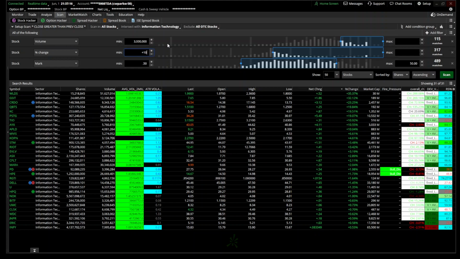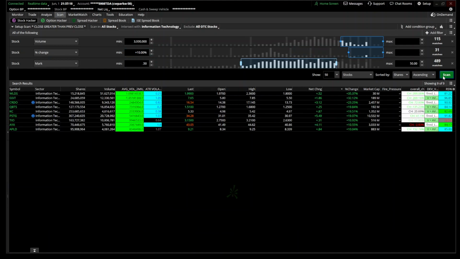We'll change this to 10%, be up 10% on a day, and between 50 cents and $50. This stock right here, I have been watching this one for a while, and it was actually on my breakout scanner, but I played it a little bit, but I didn't stay in it as long as I wished I had.